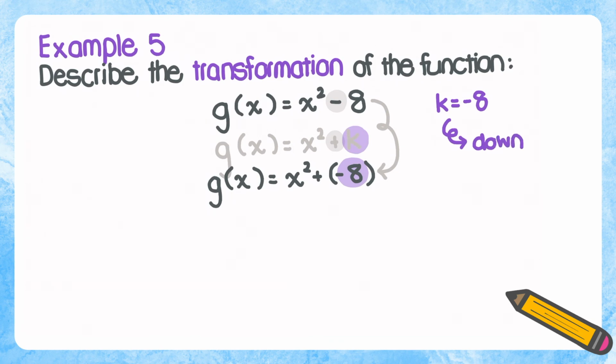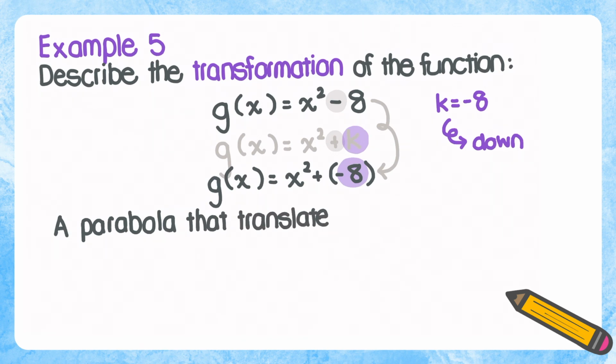So we will have a parabola that translates eight units down because k is negative.